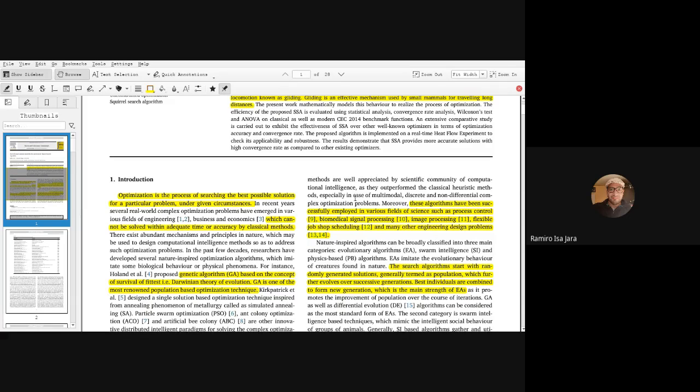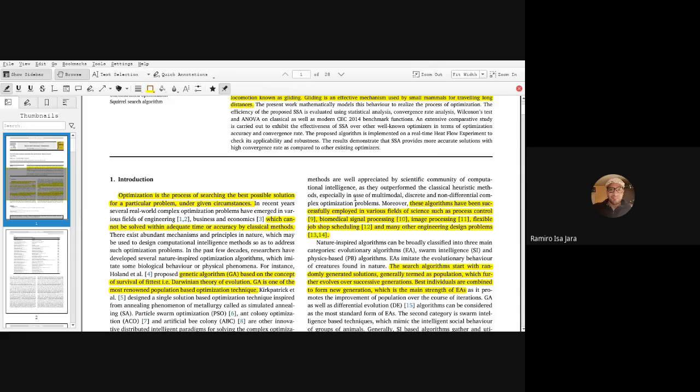Optimization problems are approached in different ways, and one of them is methods inspired by nature, which in general are called evolutionary algorithms.